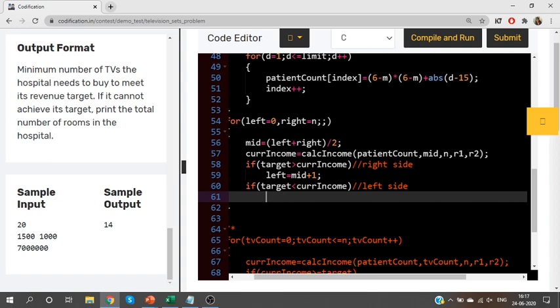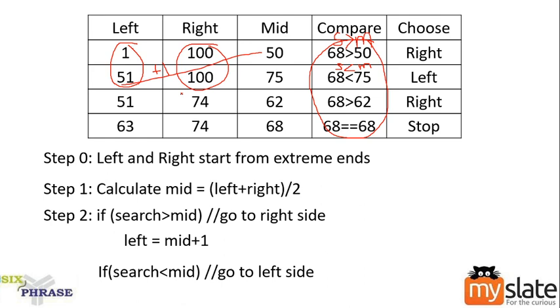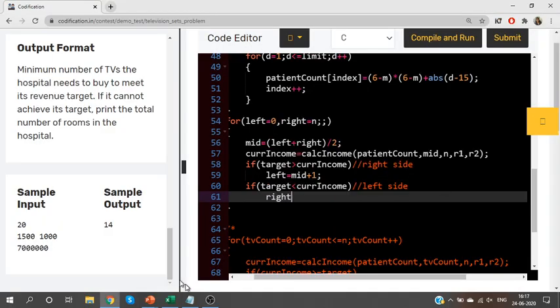Find whether you have a lesser value, because you need the minimum number of TVs. There is a chance we have a lesser value. When you go to the left hand side, the left boundary will not change. The right boundary will change as mid minus 1. I hope I made it clear till this point.